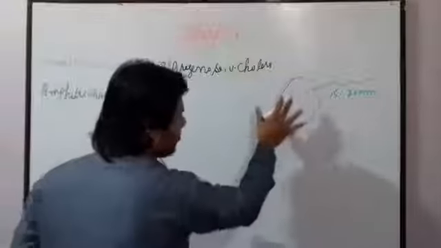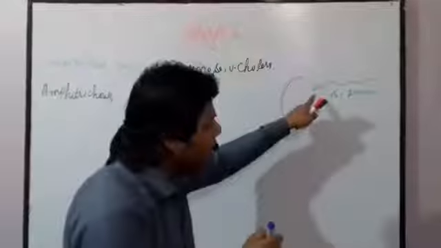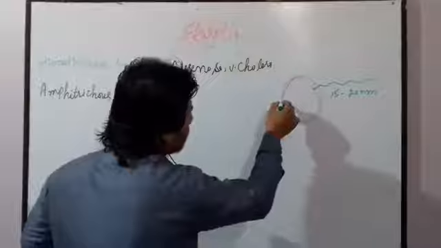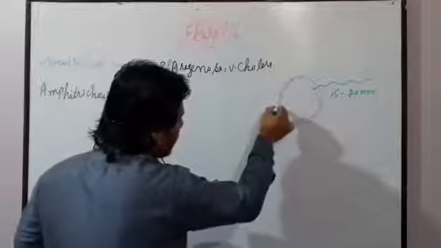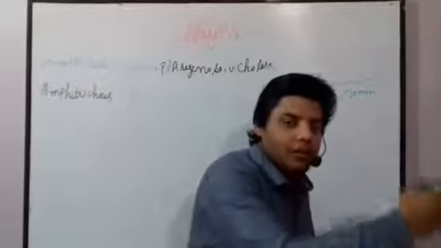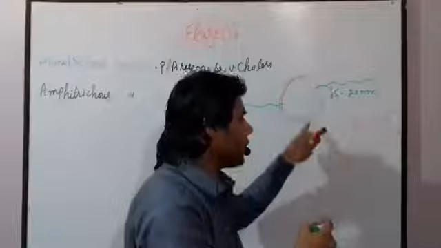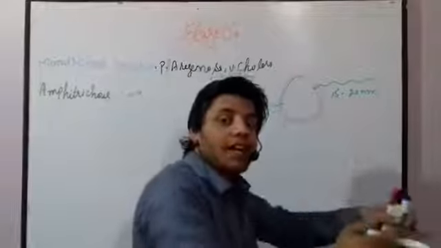Let's suppose this is a bacteria, and it has one flagellum at one end and the other flagellum at the opposite end, not at the same end but at the opposite one.